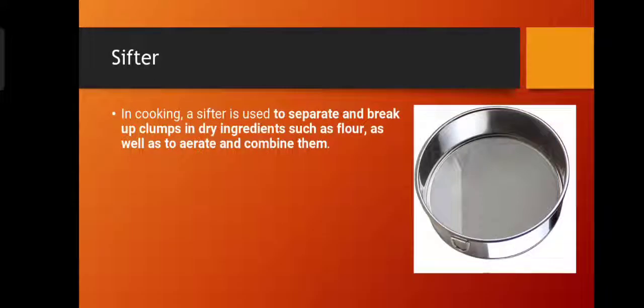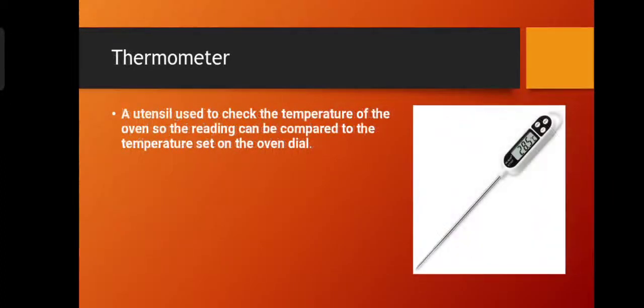Sifter. In cooking, the sifter is used to separate and break up clumps in dry ingredients such as flour, as well as to aerate and combine them. Thermometer, a utensil used to check the temperature of the oven so the reading can be compared to the temperature set on the oven dial.